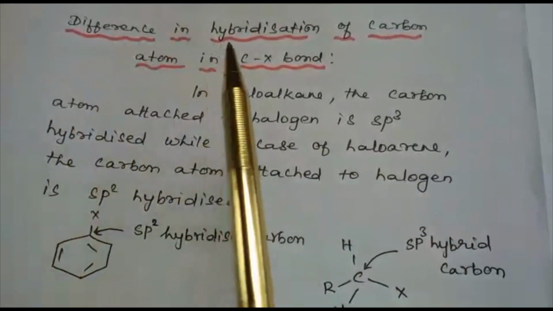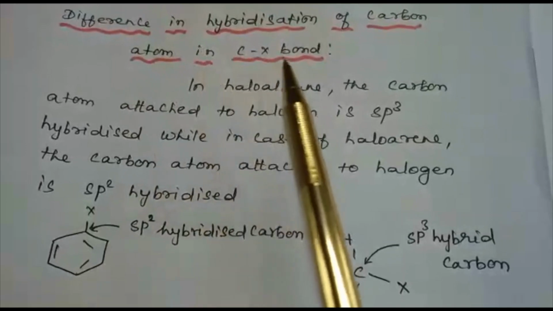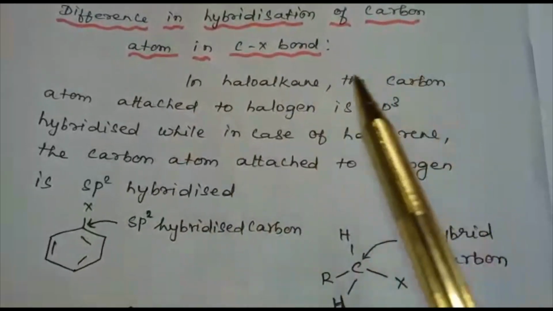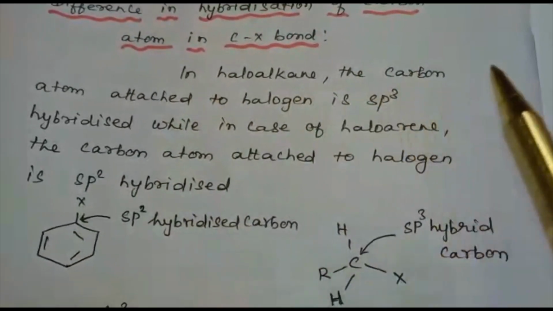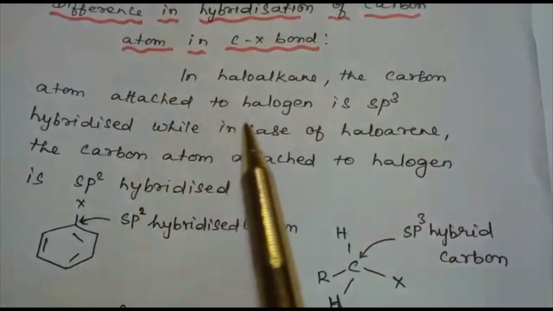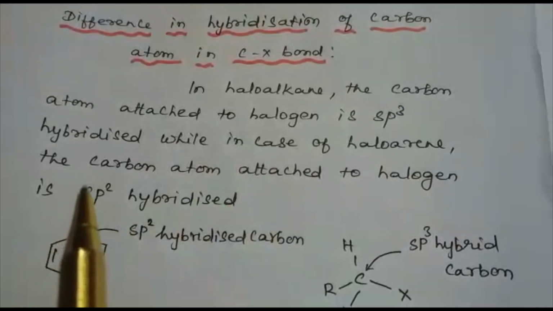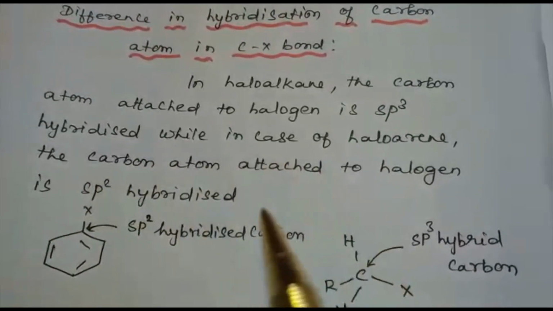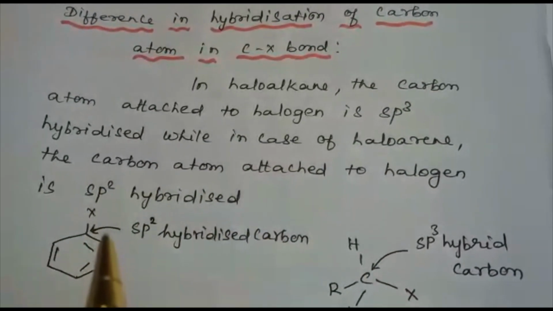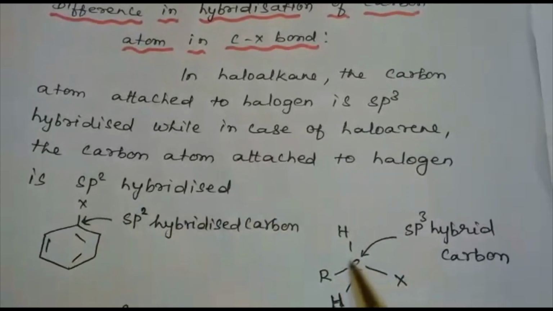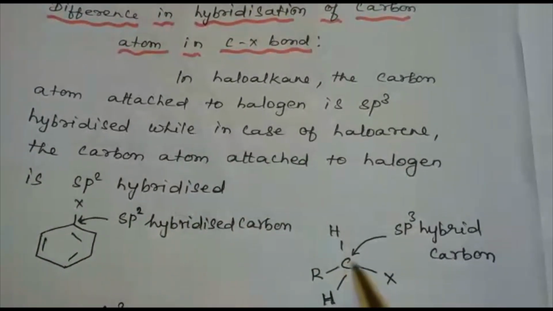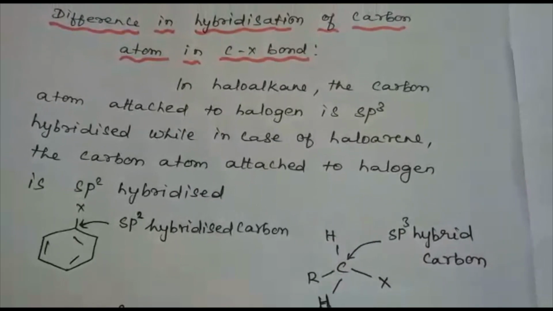Second one is the difference in hybridization of the carbon atom in the C-X bond. In haloalkane, the carbon atom attached to the halogen is sp3 hybridized, while in haloarene, the carbon atom attached to the halogen is sp2 hybridized.